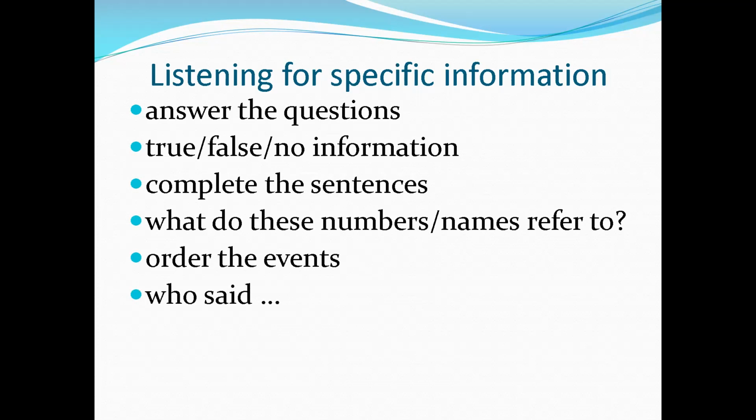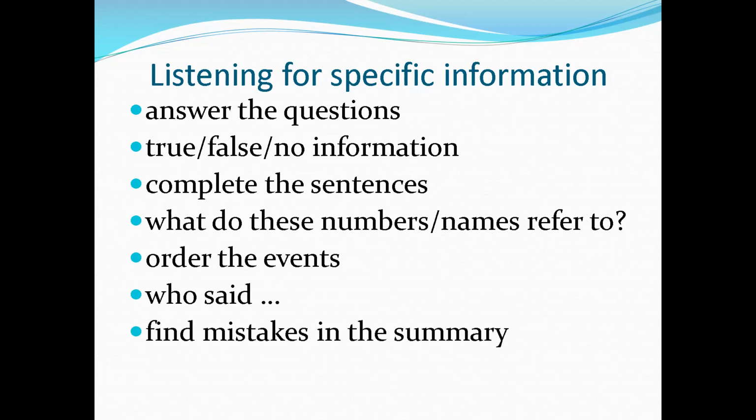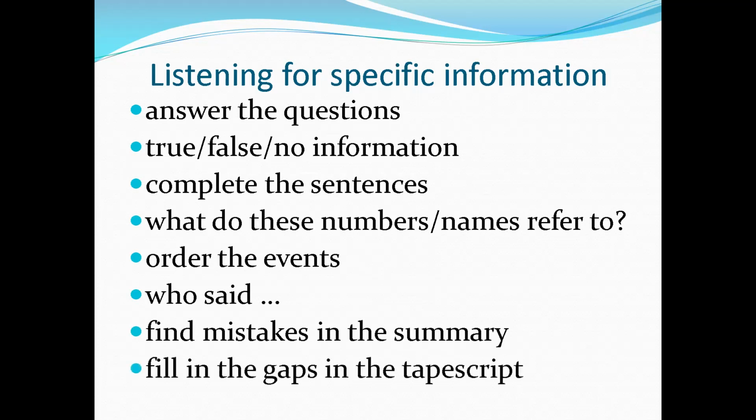Then who said certain phrases, mistakes in the summary, and you might blank some parts of the tape script, print it out, and have students fill in the gaps. These might be either words or parts of sentences or even sentences, depending on their level.